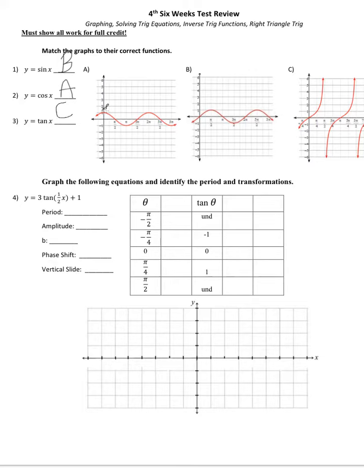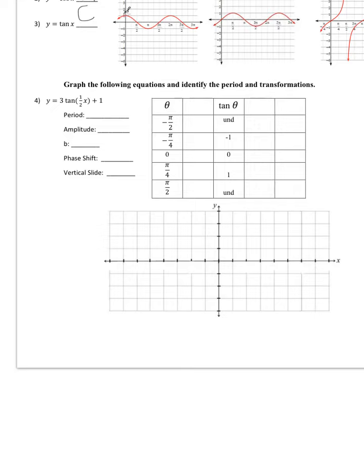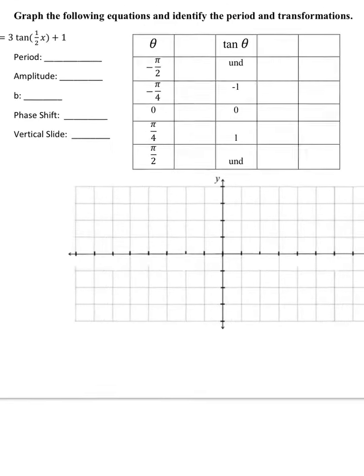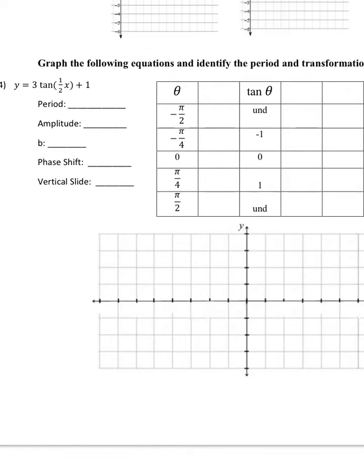Okay, so let's move on to the graph. I'm going to make this a little bit bigger. Now this equation is a tangent, and the one on your test will be a tangent as well.